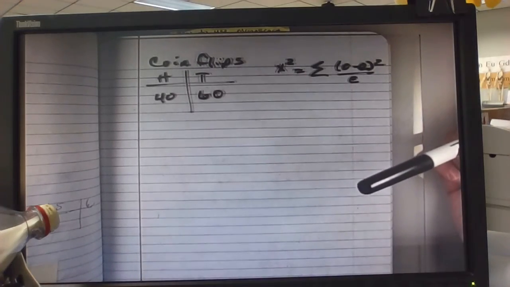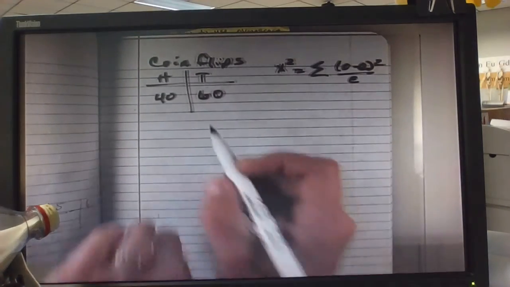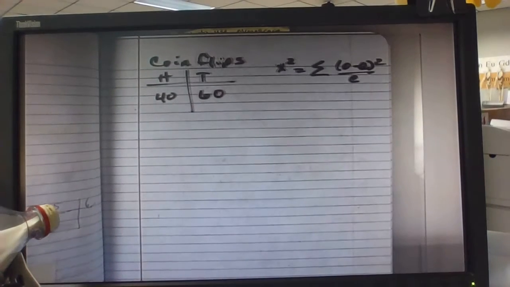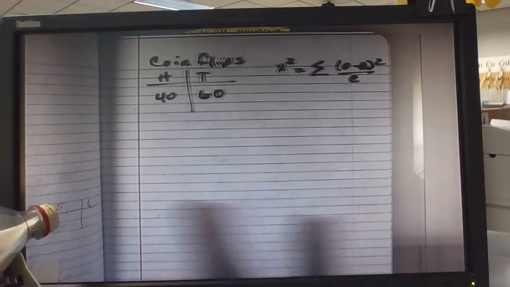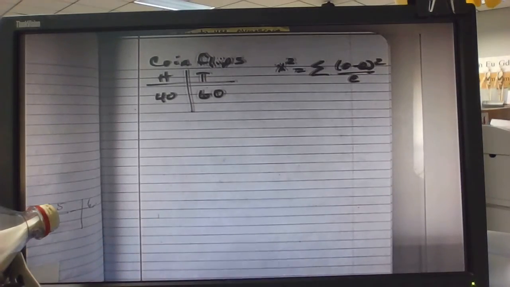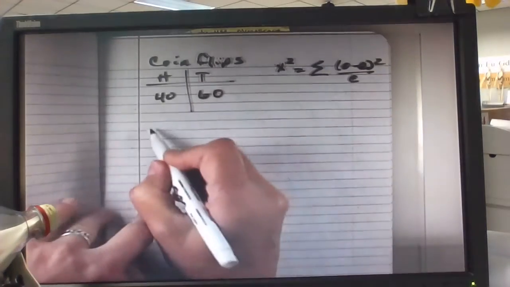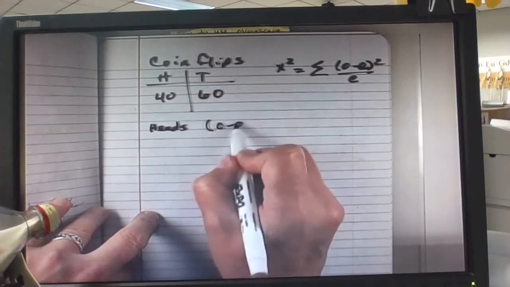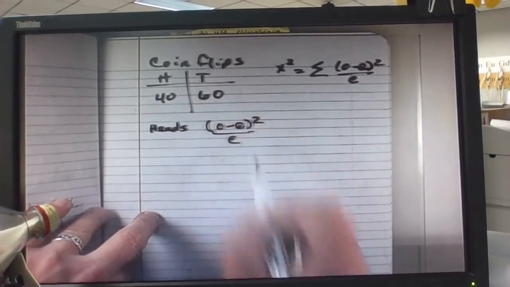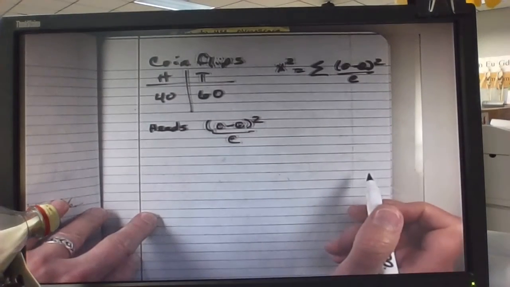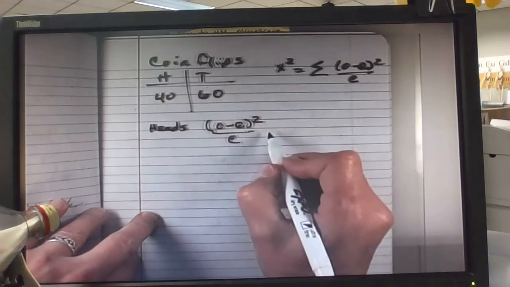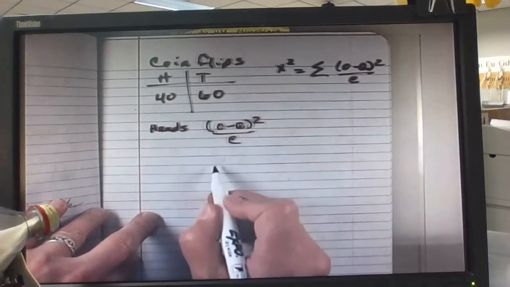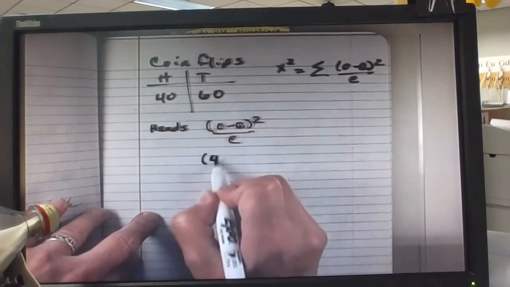So for my heads, and yes, we are taking baby steps, but this is going to give you a good resource to come back to. I'm going to write heads, then I'm going to write O minus E squared divided by E. I observed 40 heads.